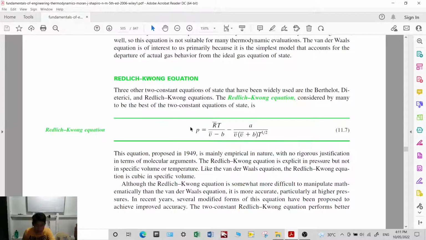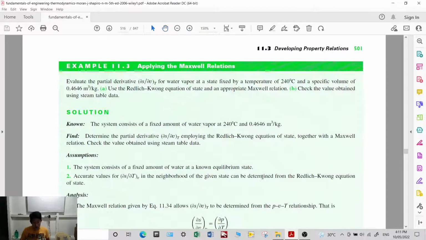This one, the Redlich-Kwong equation: pressure as a function of temperature and volume.